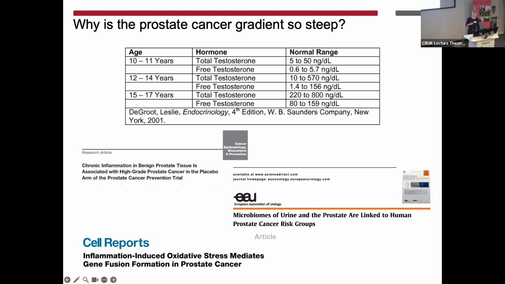And what is emerging, and what I'm saying here is partly speculative, but there's more and more data coming out that specific microbial communities do appear to associate, and there's a suggestion that they're functionally related to specific gene fusions that we see in prostate cancer. So one idea I have for why the gradient is so steep in prostate cancer is there may be specific interactions between the testosterone surge in puberty and subsequent changes exerted by microbial communities.